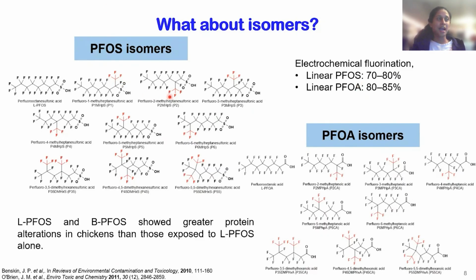So you can see I gave most of the structures that are known so far for each PFOS and PFOA isomer, because I want to let you know PFAS is also a broad class that consists of over 14,000 compounds, and imagine isomers in each compound because of the production method.